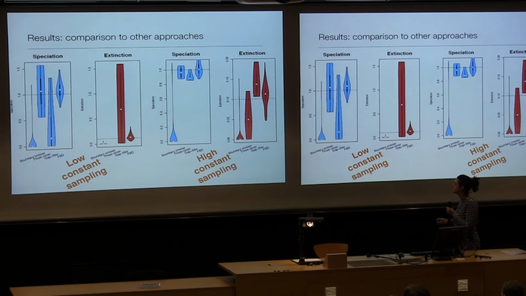And when sampling is high, these three approaches, the three-timer, gap filler, and FBD model, do a good job of recovering the speciation rate, but we consistently see a difficulty and more uncertainty in our ability to estimate extinction.